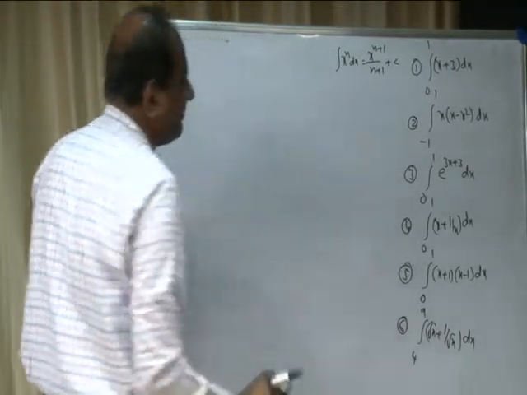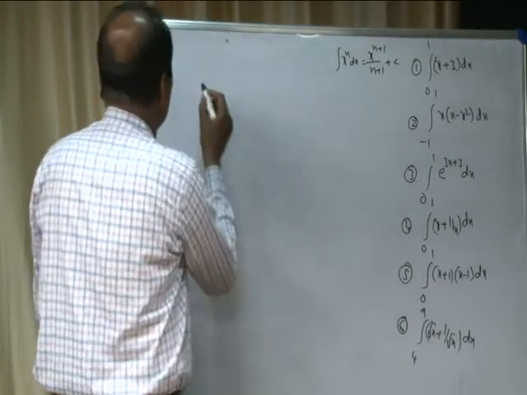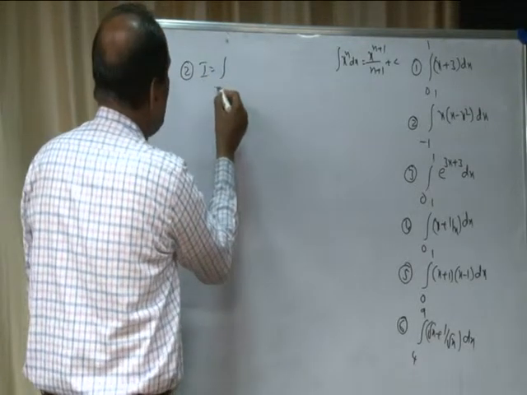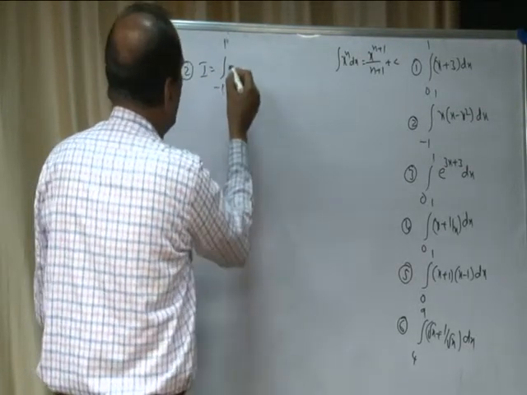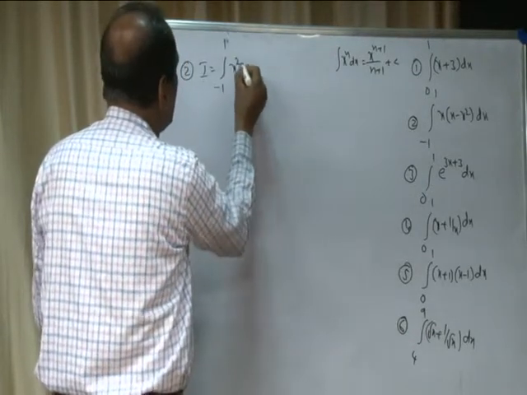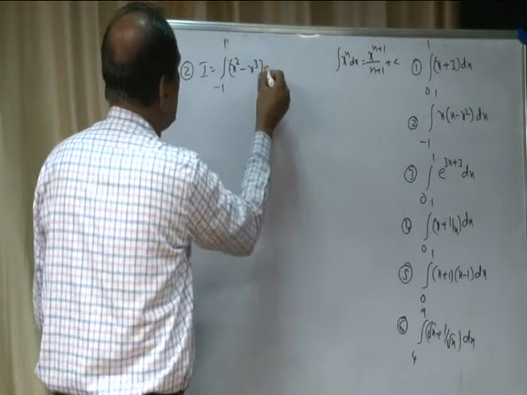Next problem, see here. Second problem: I is equal to the integral from minus 1 to plus 1 of x into x minus x square, or remove the brackets, x square minus x cube, dx.